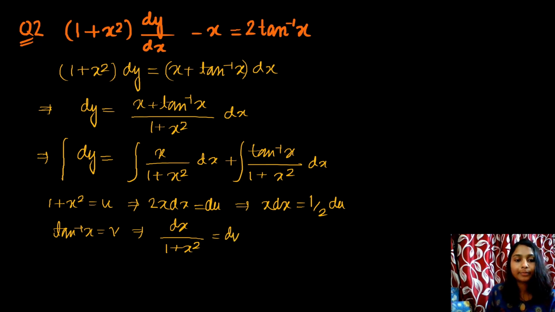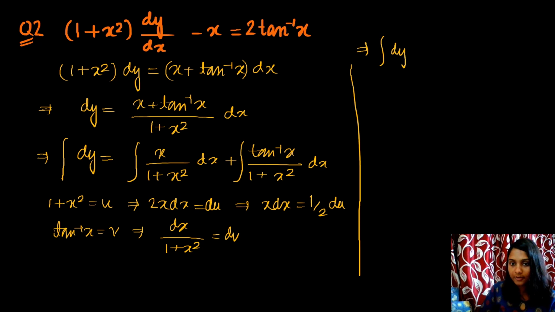Okay. So by substituting these in these two integrations, we will obtain, here we have integration of dy equals, so here x dx means half du, and this term here is u, so it will give half du divided by u plus, okay, so there was a 2 here, so there should be a 2 here.